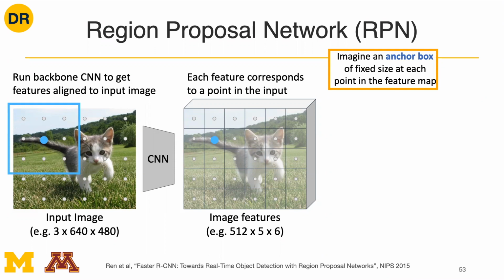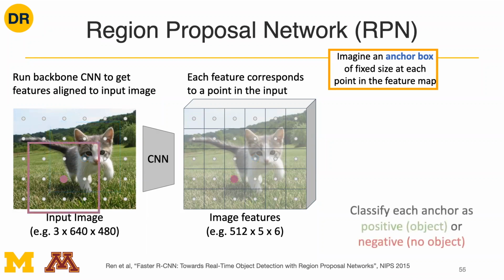For each grid, there is a corresponding region in the input image. And you have decided an anchor box of fixed size that you are thinking will be the bounding box or the proposal corresponding to this particular grid. Now, a simple thing that you can do is, for instance, this changes for every grid. I think that is pretty clear.